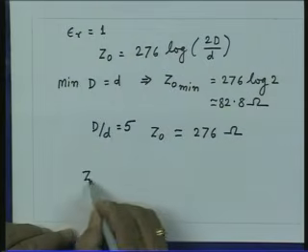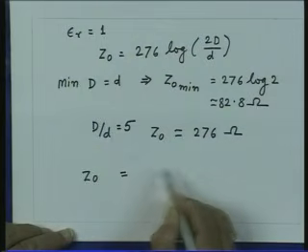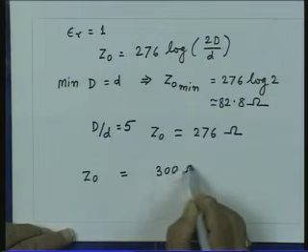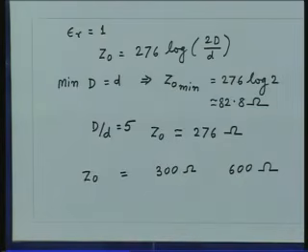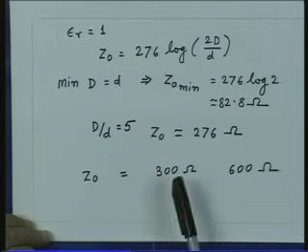So, typically for a parallel wire transmission line, the characteristic impedance would be like 300 ohms or 600 ohms. The lines which are standardized for parallel wire lines have a characteristic impedance of either 300 ohms or 600 ohms.